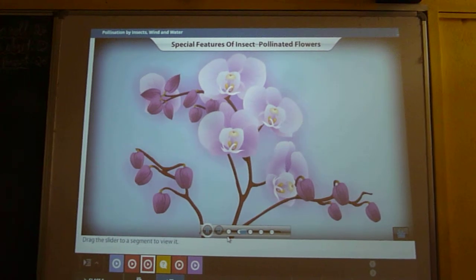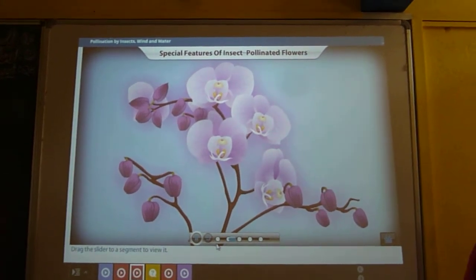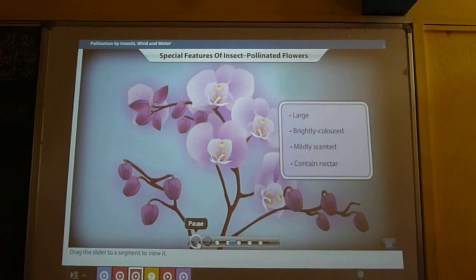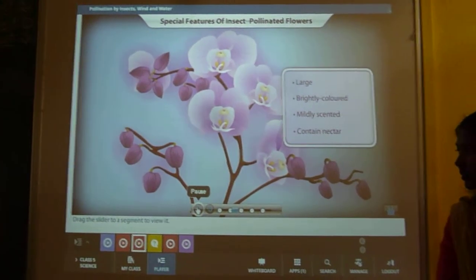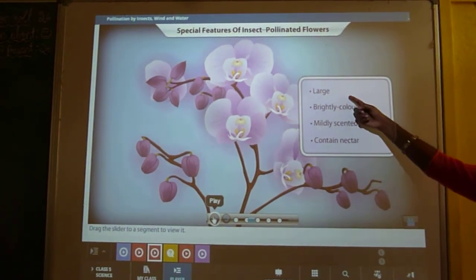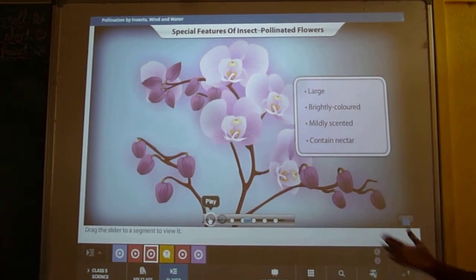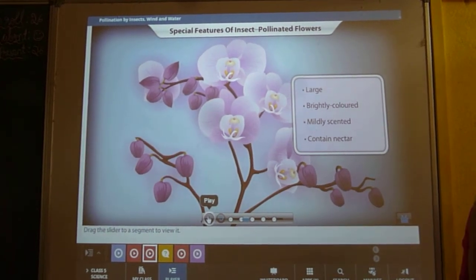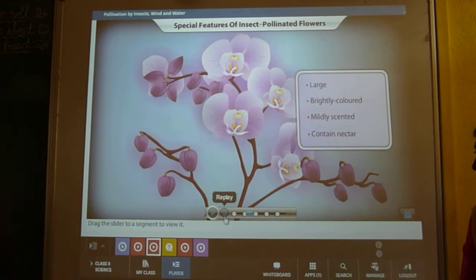Insect pollinated flowers are usually large, brightly colored, mildly scented, and contain nectar to attract insects, for which the bees fly over them.